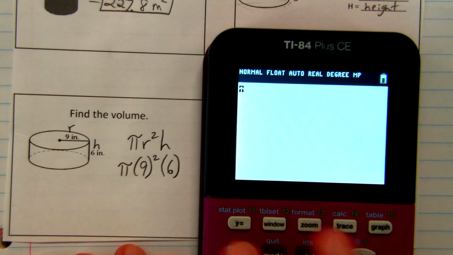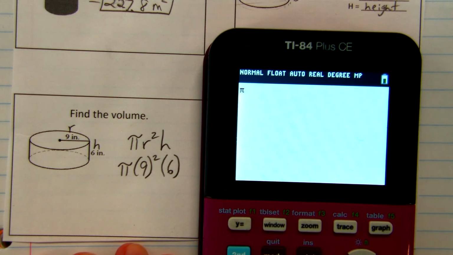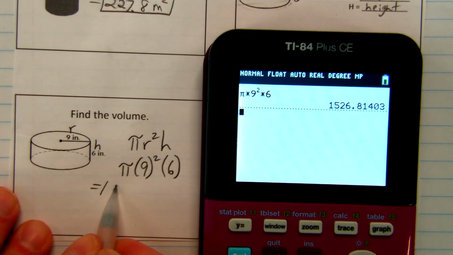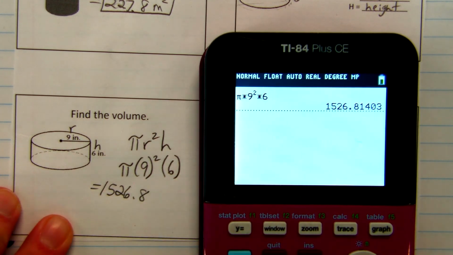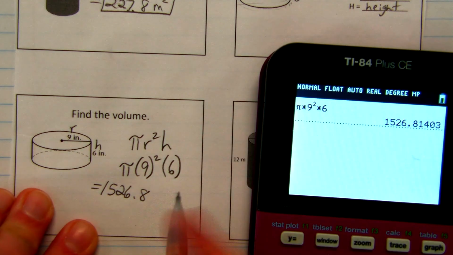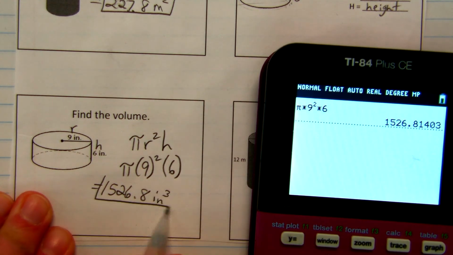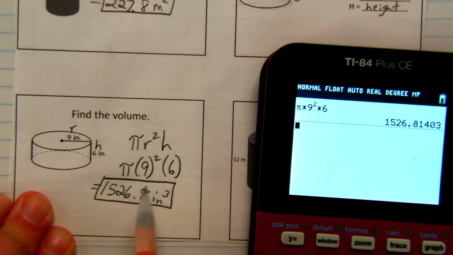So we're going to do pi times 9 squared times 6. And if we round off to tenths, this would be 1,526.8. And for volume, what would my label be? To the third. Good. So inches cubed. So for surface area, it's squared. For volume, it's cubed. So this is a pretty simple formula.